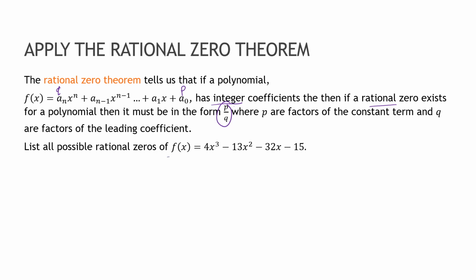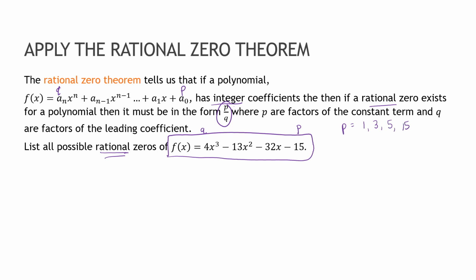Here is a polynomial. I want to determine if I have some rational zeros, what are the possibilities? And then I'm going to talk to you about why this is important. This is P, this is Q. So what I want to do is look at P and say what numbers make up P. Well, 1 goes into P, 3 goes into P, 5 goes into P, and 15.